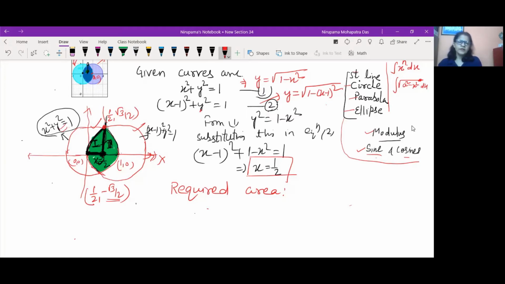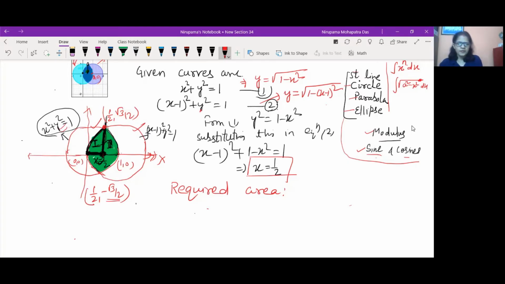For that reason, we have taken this vertical line which represents x equal to 1 by 2. This x equal to 1 by 2 divides the portion into two parts. First part is bounded by one circle, second part is bounded by another circle. That is the basis for which function we have to integrate.